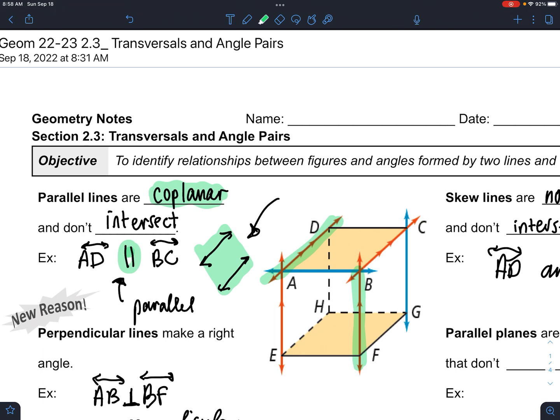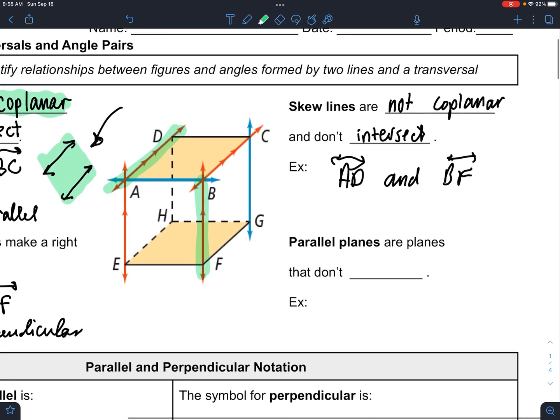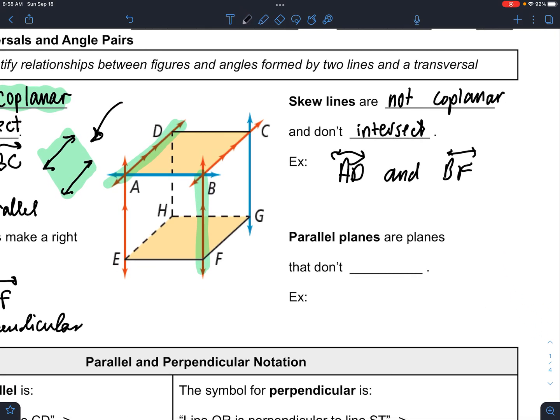One of them's going up and down, one of them's going front and back. So those are called skew lines. And parallel planes, of course, are planes that don't intersect, which is really rare. But you take those yellow planes in the picture, those are parallel. Okay?